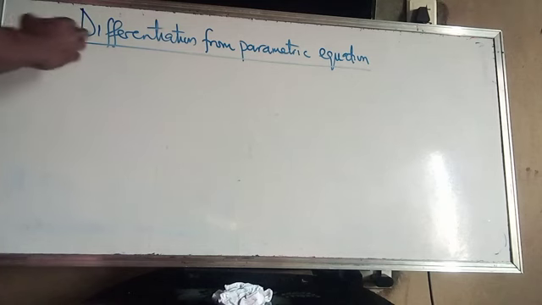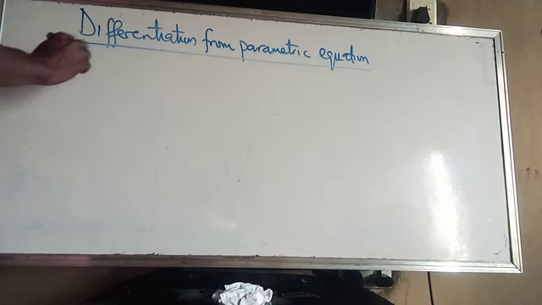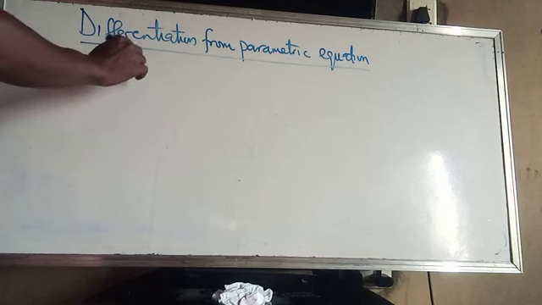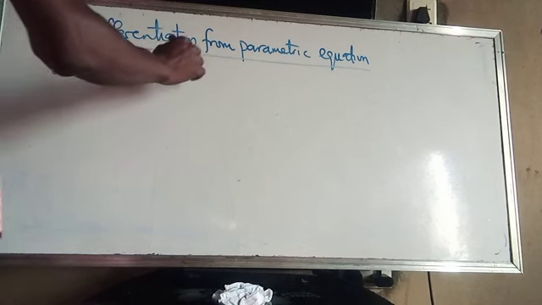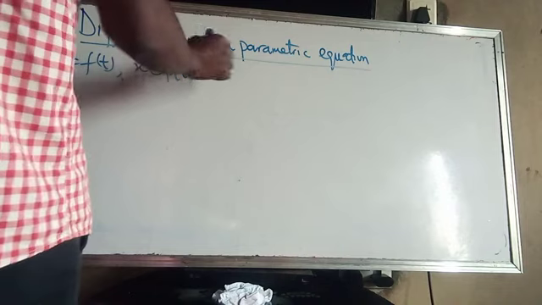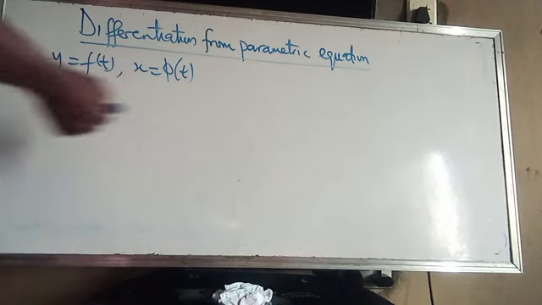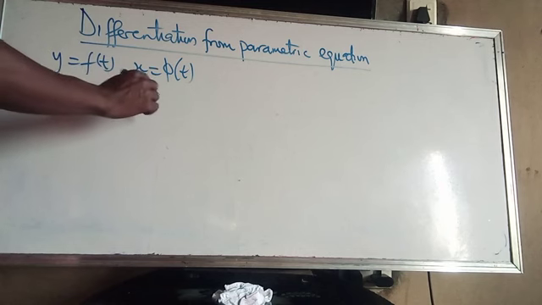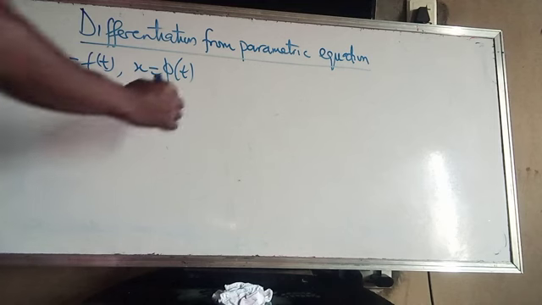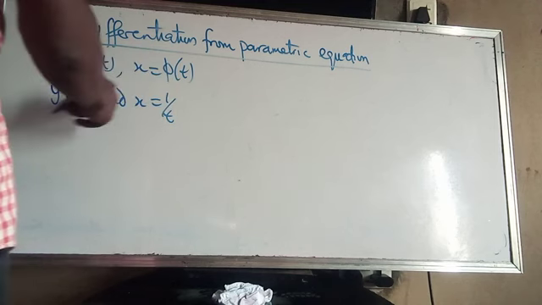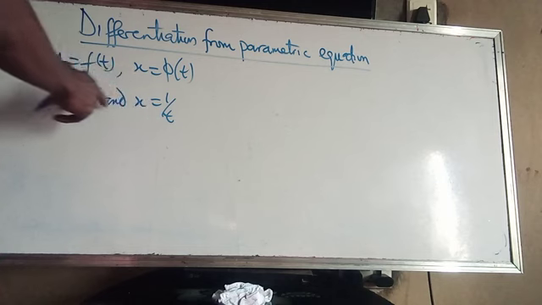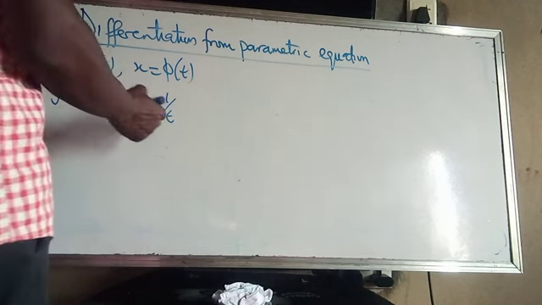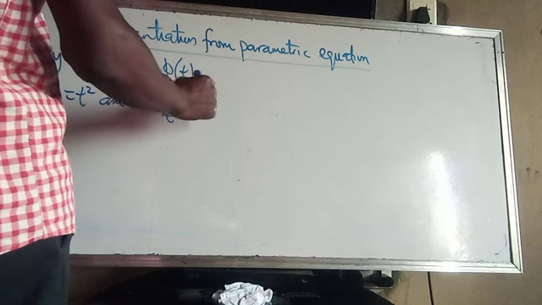Now, generally, y is equal to f of t and x is equal to psi of t. Yes, generally this defines y as a function of x. So if y is equal to t squared and x is equal to 1 over t, obviously from substitution, t will be 1 over x.